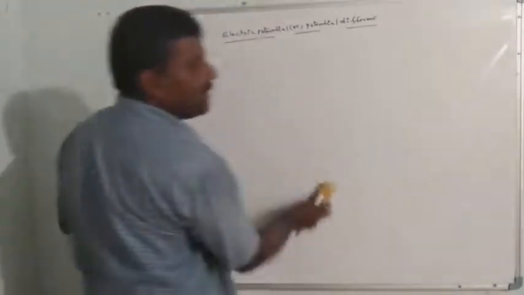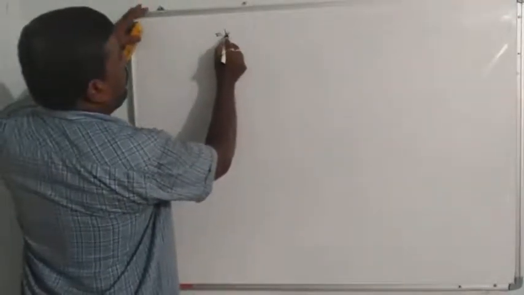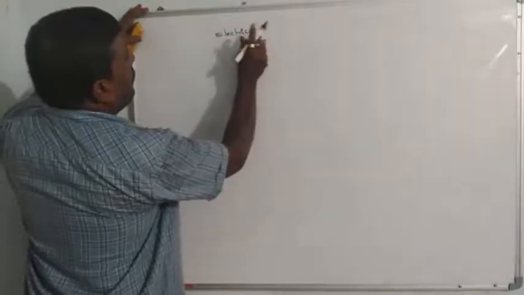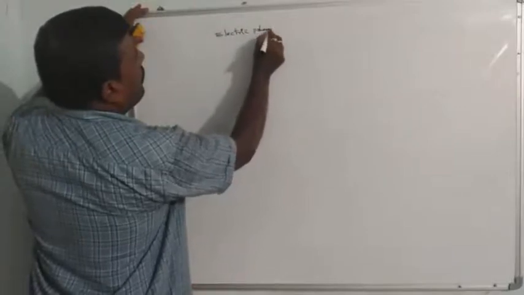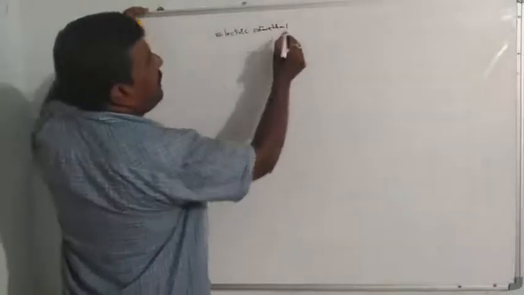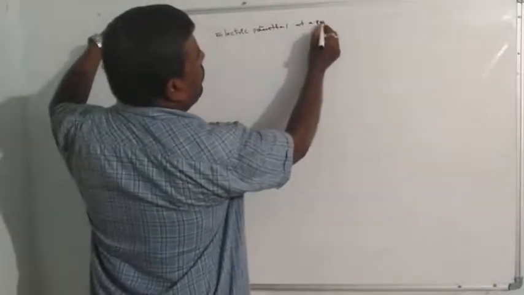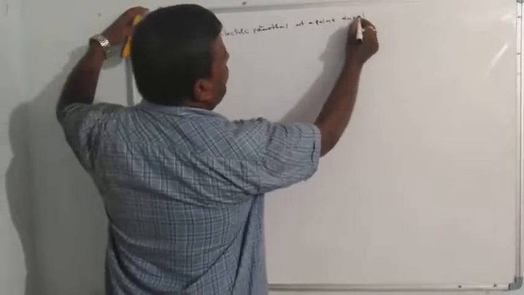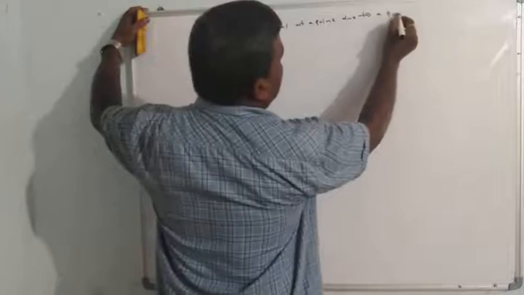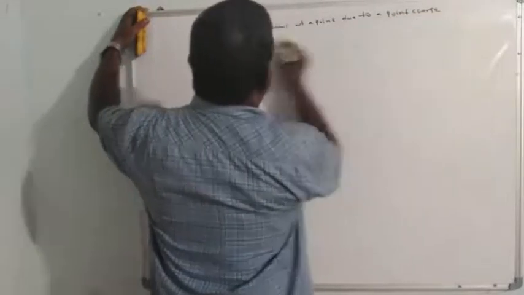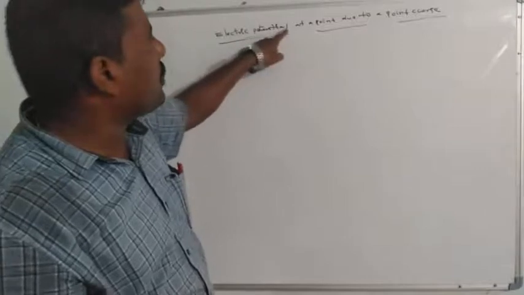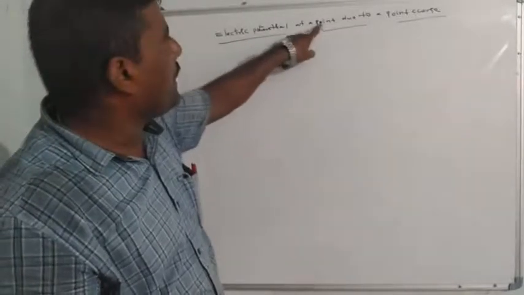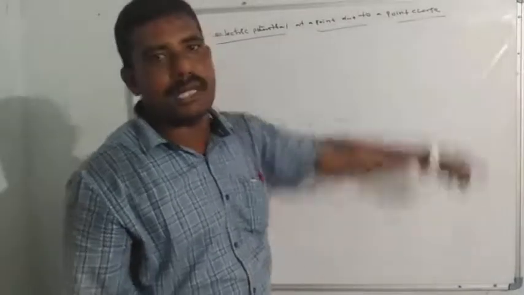What is the equation? Electric potential at a point due to a point charge.